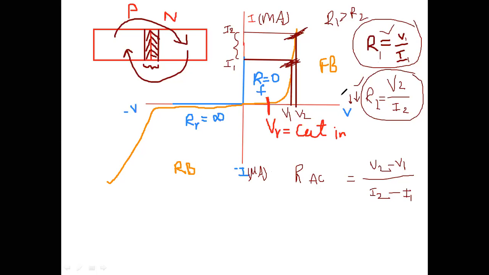If I take this point, I will get R3 such that R3 is greater than R1 and greater than R2.